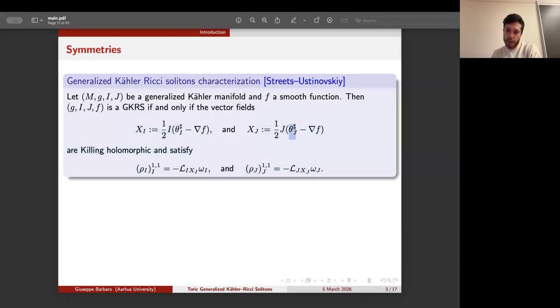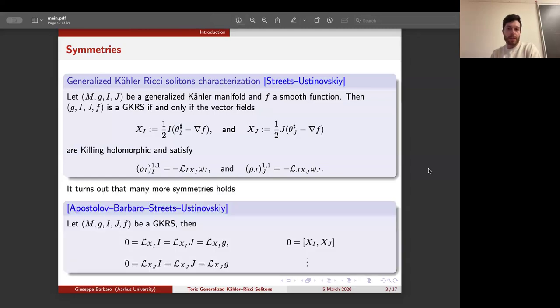Here, theta is the Lie form of the Hermitian structure with respect to J, and the Lie form of the Hermitian structure with respect to I. So you cook up these two vector fields, and these two have to be Killing, holomorphic, and satisfy these equations. And this completely characterizes being a generalized Kähler-Ricci soliton.